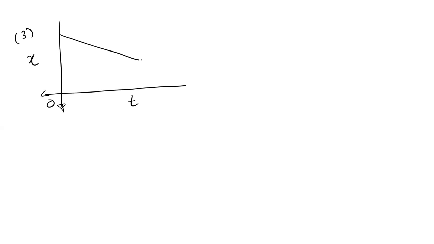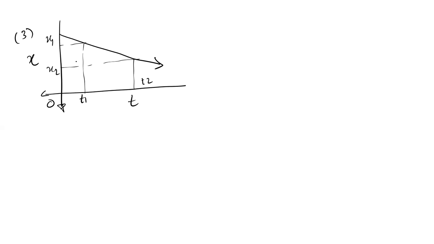The other situation, the third, is that you have an x versus t graph in a given manner, where the line is decreasing, the slope is negative. So here you can see that this is t1 and this is x1, and this is t2 and this is x2.